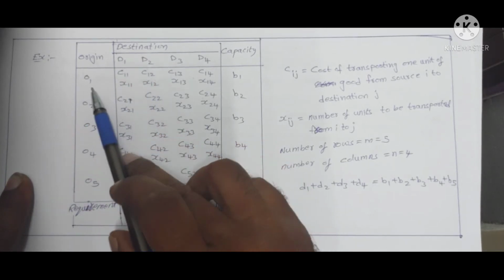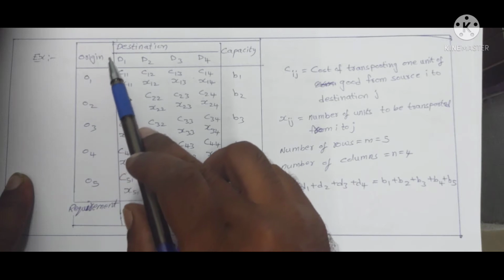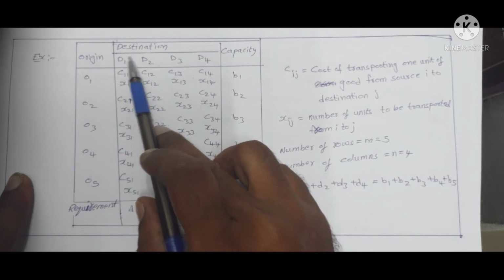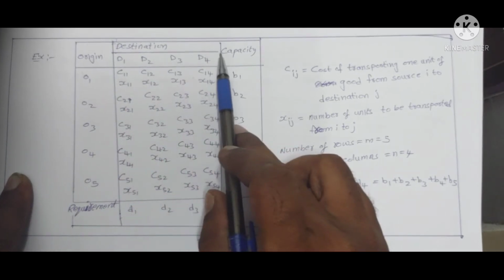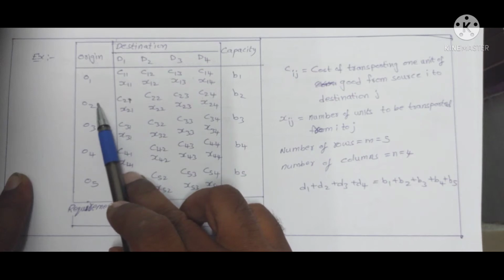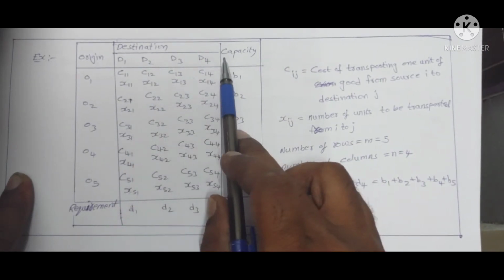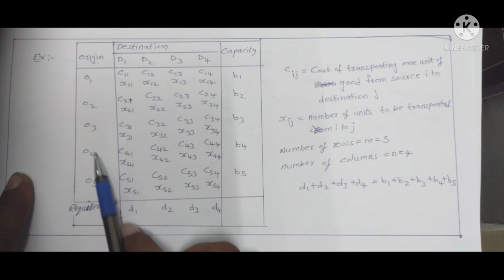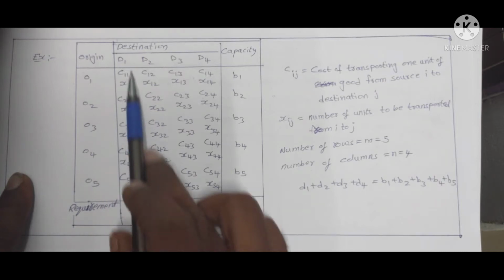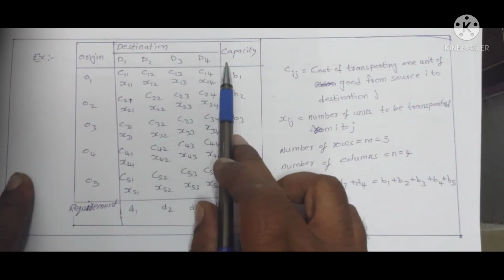From origin O1 we can transport a product to destination D1, and similarly to D2, D3 and D4. Similarly, origins O2, O3, O4 and O5 also produce goods, and these goods are transported to the different destinations D1, D2, D3 and D4.